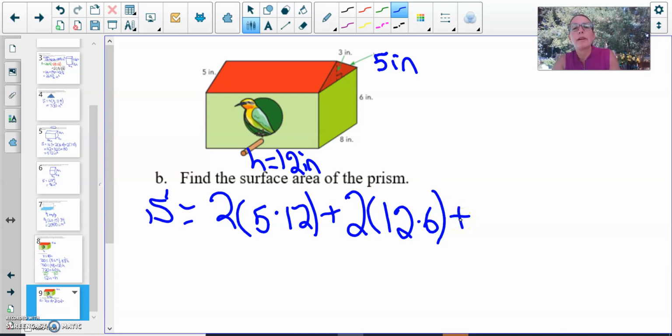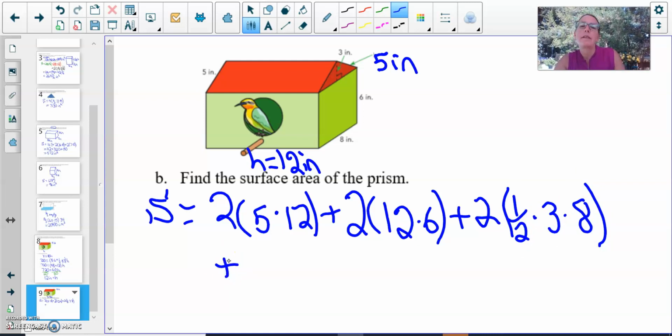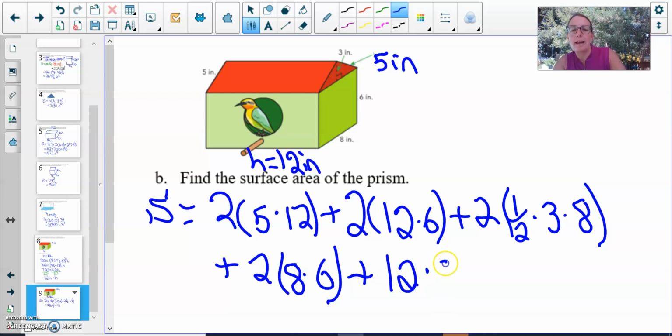The 2 triangle parts, there are 2 triangles that are each 1/2 of 3 by 8. The left and right rectangle part of the sides, 2 rectangles that are each 8 by 6, plus the very bottom rectangle, which is 12 by 8.